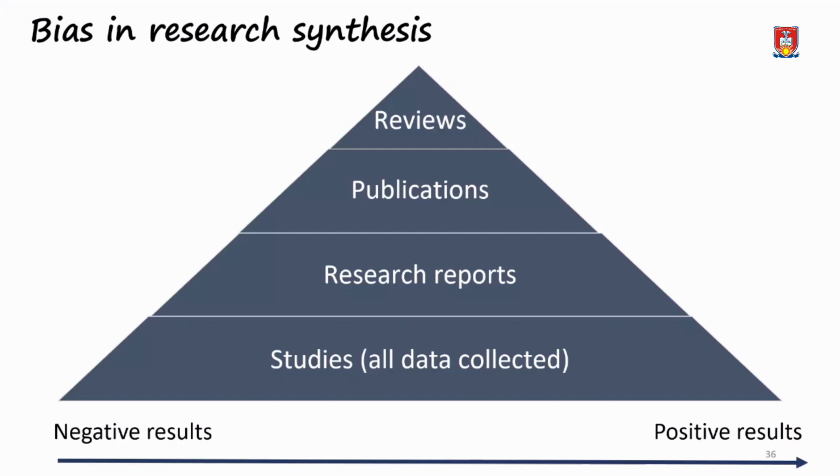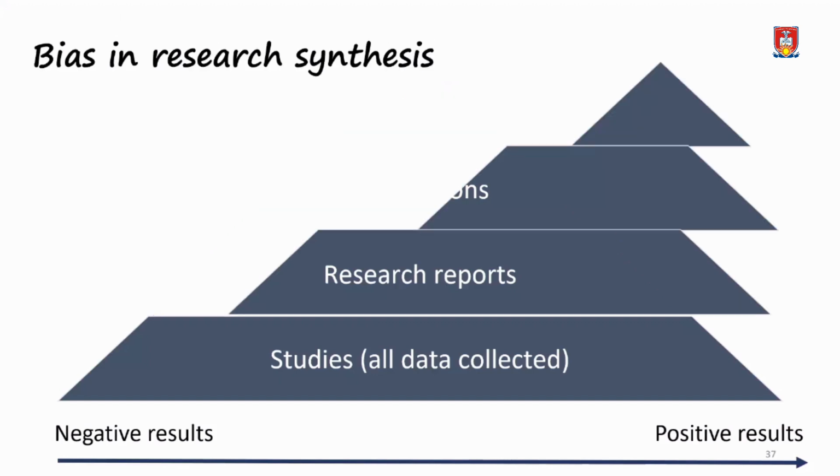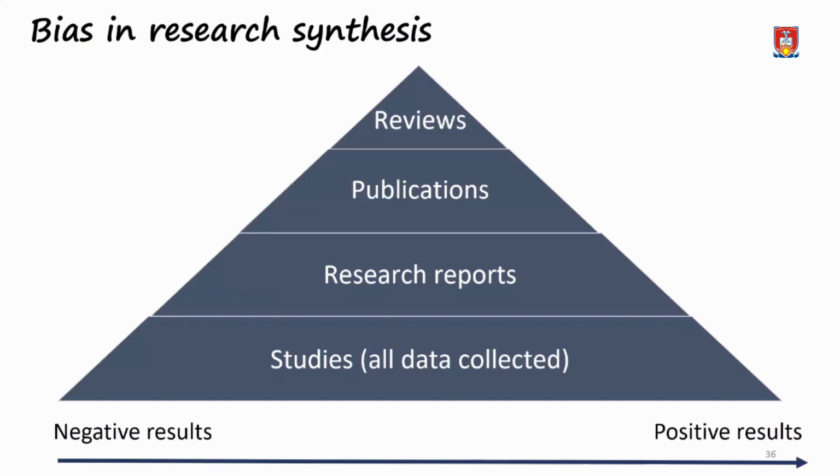Usually when we conduct studies, we may have negative results and positive results. That is, some of our results give a negative answer, while some give a positive answer. So that's what we expect in a normal study. You collect all data, there are negative results and there are positive results.